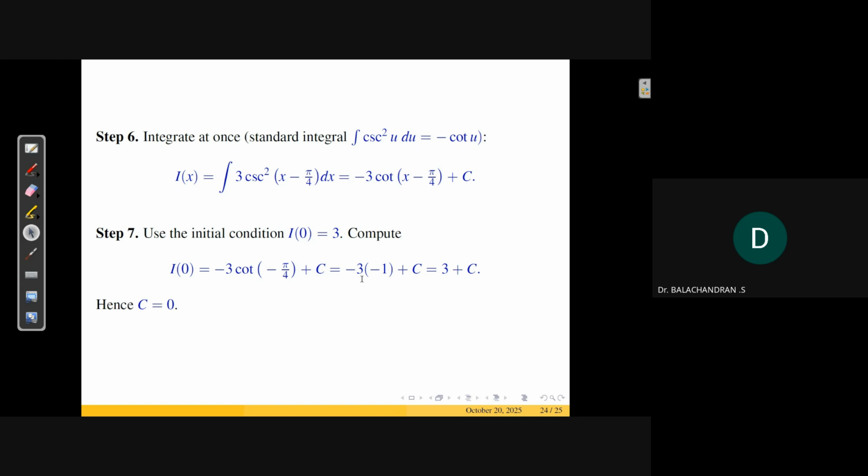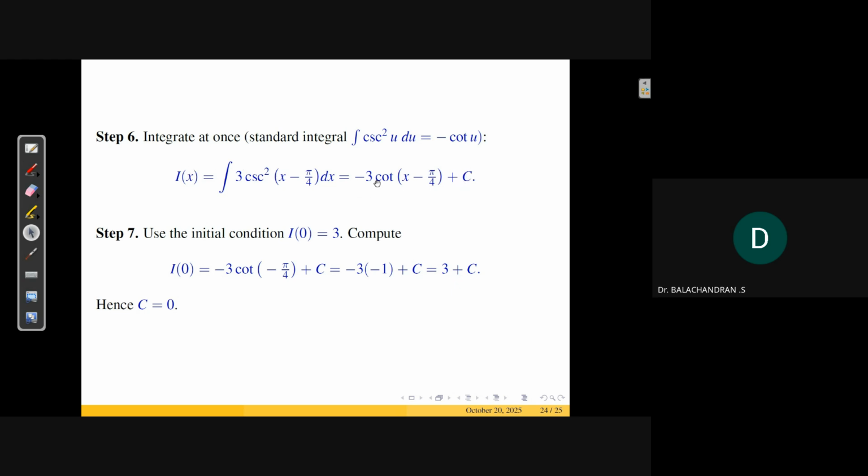So minus 3 into minus 1 plus c, that is 3 plus c. But I of 0 is also 3, so 3 gets cancelled, and you get c equal to 0. Once c is 0, I of x is equal to minus 3 cot of x minus pi by 4.